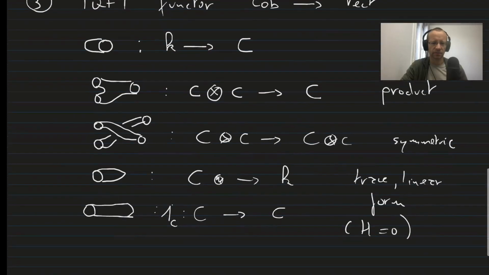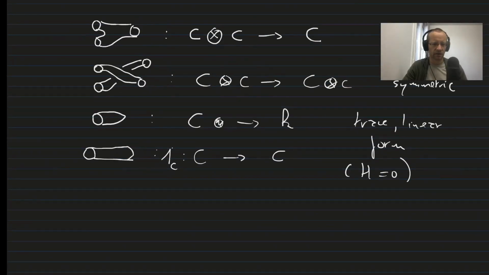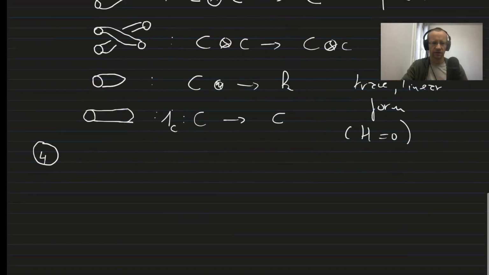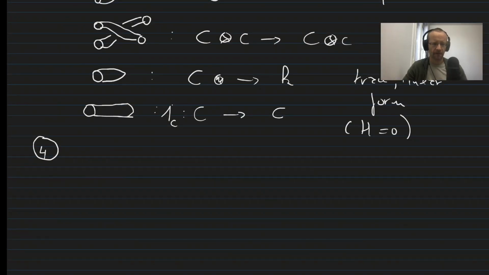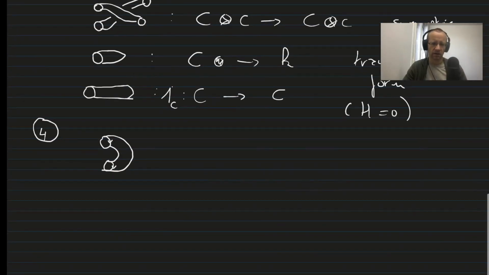All right, that's a third part. Now, fourthly, some observations. We note that this drawing, which goes from a circle with one orientation to a circle with the other orientation, is like a bilinear form.